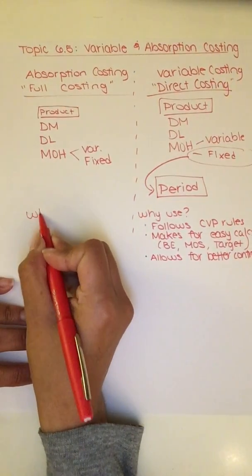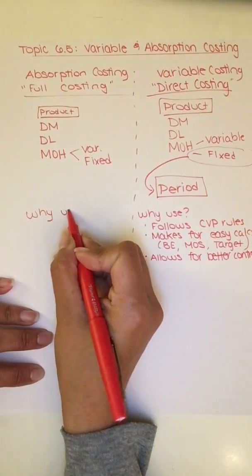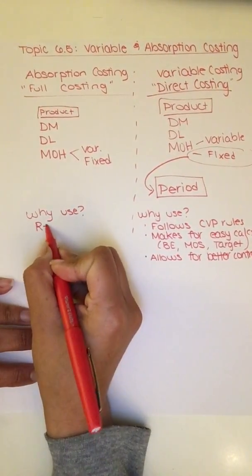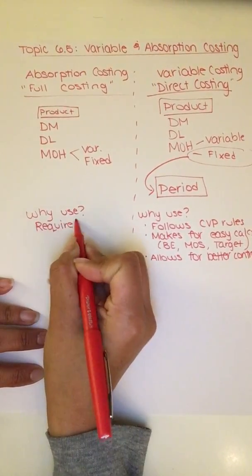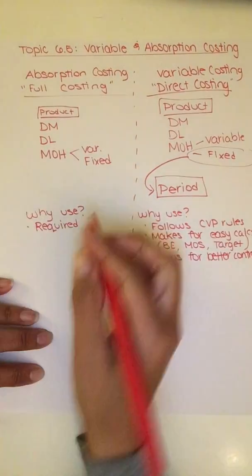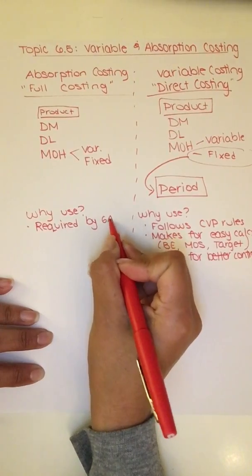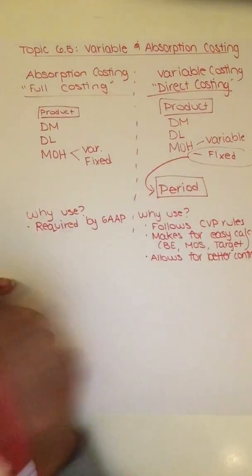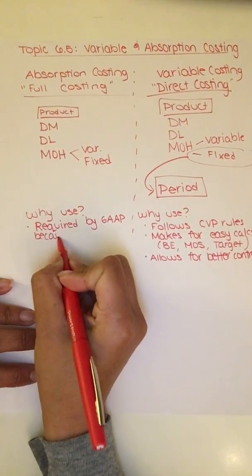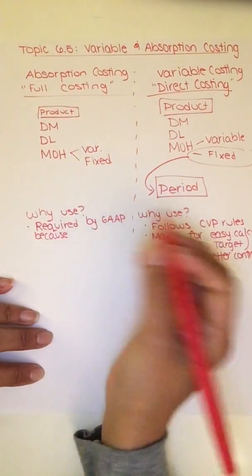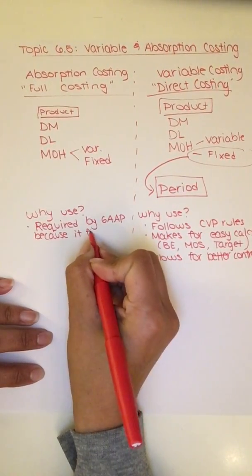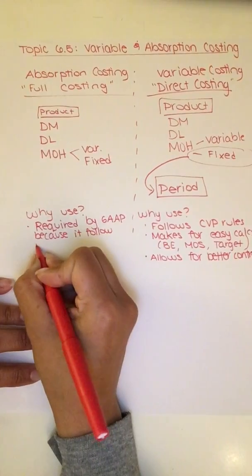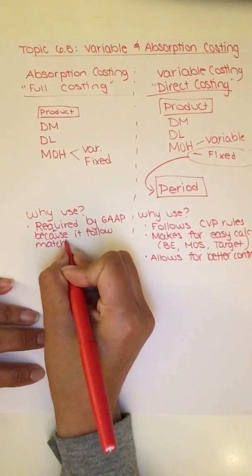So then why would anyone use the absorption method? It's required by generally accepted accounting principles. Because of one important principle we learned last semester, it follows the matching principle. Remember that principle?